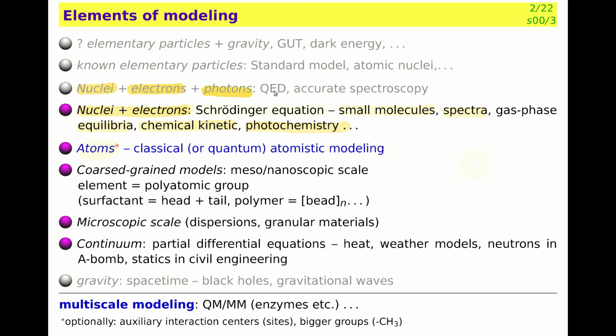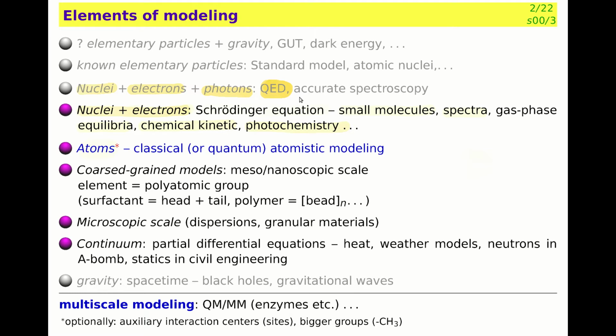This is described by quantum electrodynamics. This is an extremely accurate theory. It is believed that it's accurate for good system up to 15 decimal digits. We can calculate spectra of very simple systems and compare them to the experiment, and it does work.